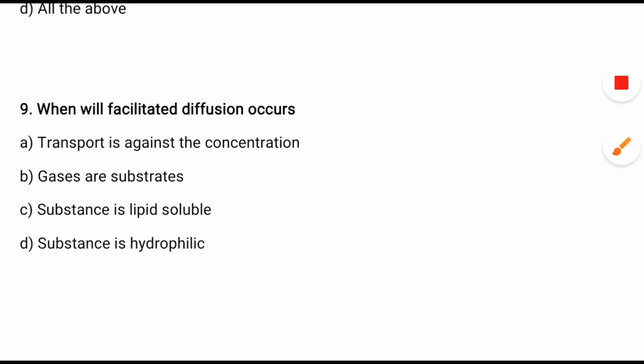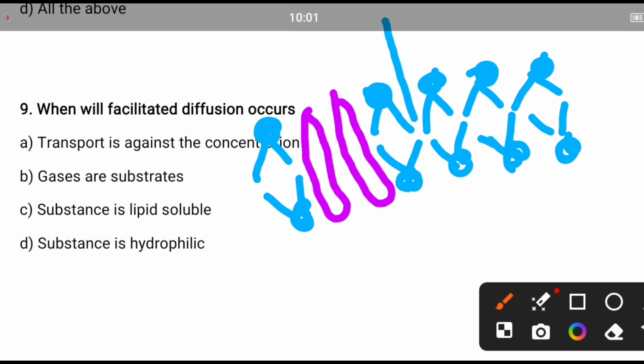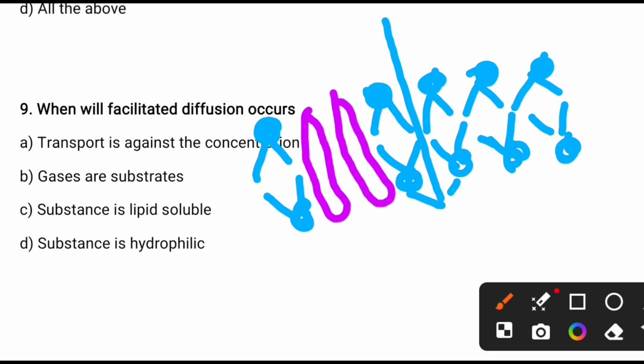In the case of facilitated diffusion, lipid insoluble substances can't move along the lipid membrane. That means the lipid membrane doesn't allow the passage of lipid insoluble substances, since they have hydrophilic groups.